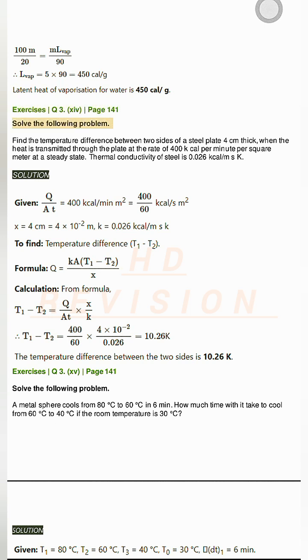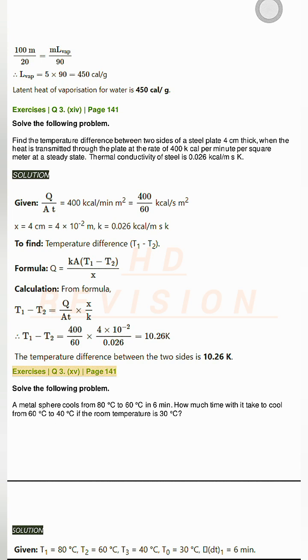Exercises Q3. XIV, page 141. Solve the following problem. Find the temperature difference between two sides of a steel plate 4 cm thick, when the heat is transmitted through the plate at the rate of 400 kcal per minute per square meter at a steady state. Thermal conductivity of steel is 0.026 kilocalories per meter second Kelvin. Solution.